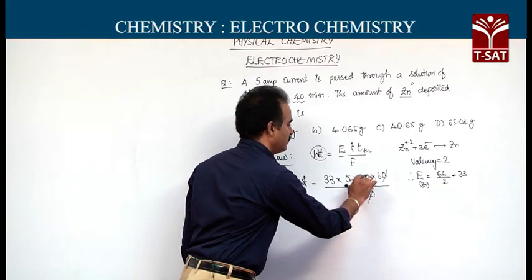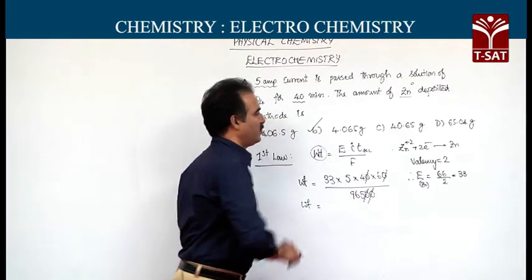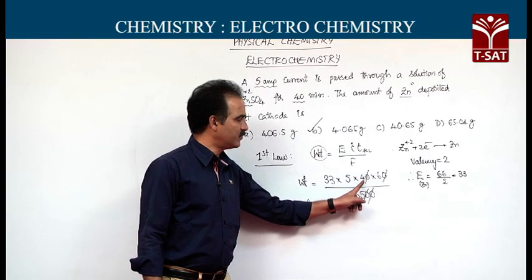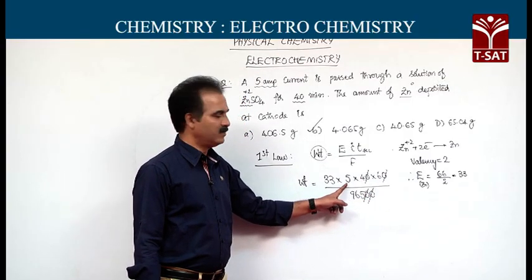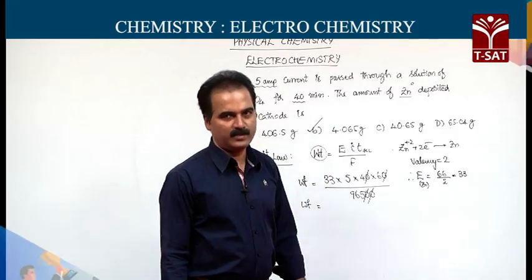Simplifying this, we will get altogether weight is 4.065 grams. Simplification you can do, 6 4s are 24, 24 5s are, we can calculate, altogether will come out as 4.065.